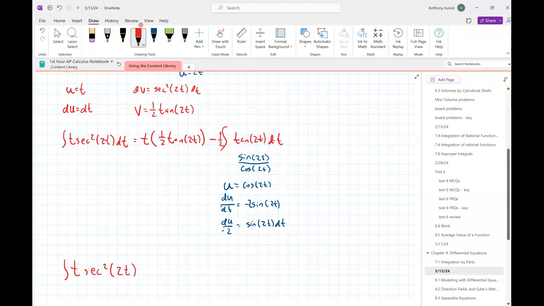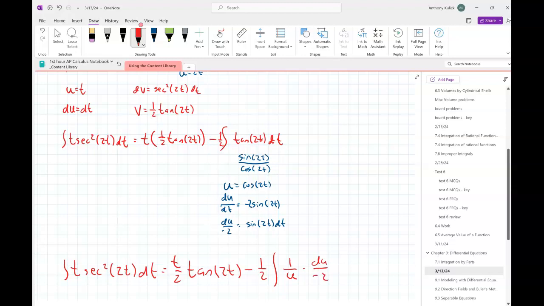So let's recopy and put some stuff in so you guys can see what happened there. So I'm going to have 1 over u, right, because that's cosine from the denominator, times du over negative 2.